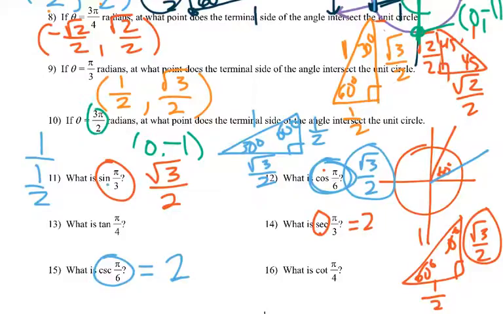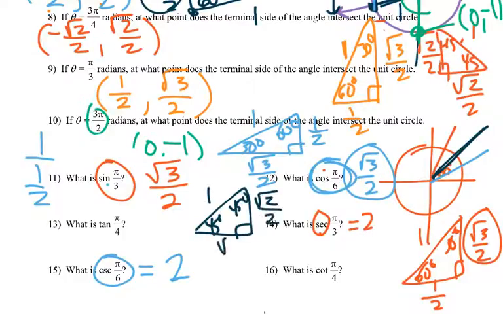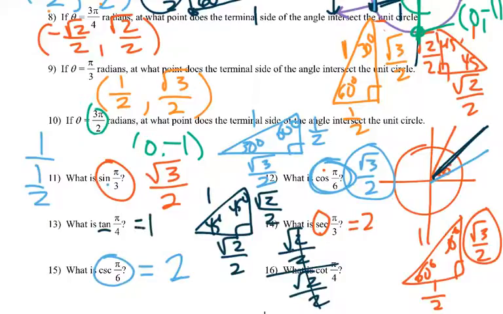Now pi over 4 is the 45-degree angle. So we get a 45, 45, 90. And we remember this radius is 1, so the y is square root of 2 over 2, the x is square root of 2 over 2. Well, tangent is y over x. Square root of 2 over 2 over square root of 2 over 2 is 1. So the tangent is 1.